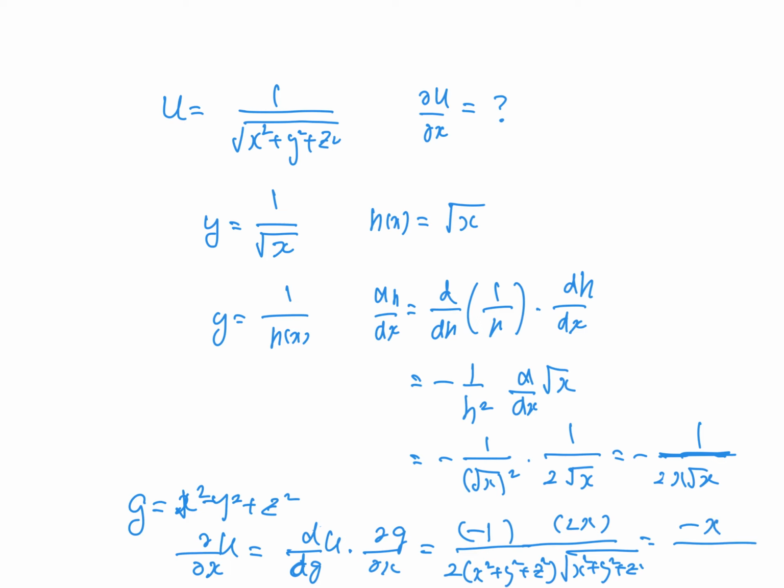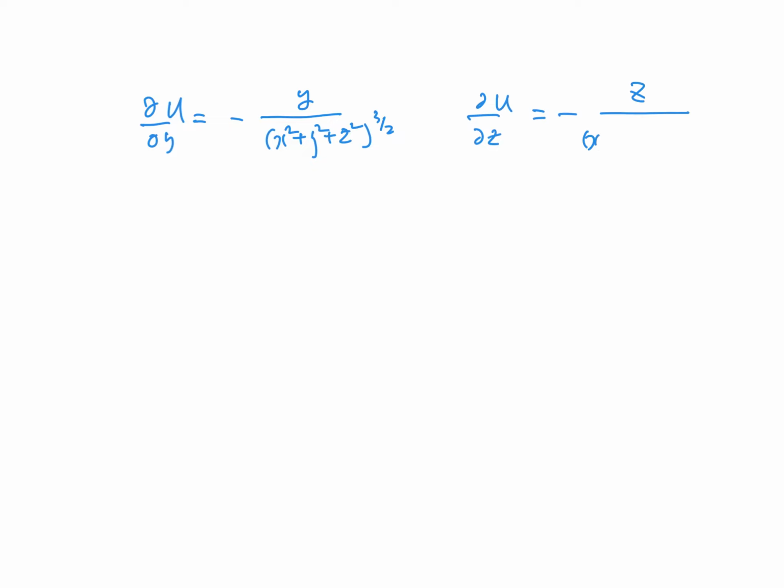So that is minus x over (x squared plus y squared plus z squared) to the 3 over 2. This actually arises from the potential. Likewise, partial u over partial y is minus y over (x squared plus y squared plus z squared) to the 3 over 2, and partial u over partial z is minus z over the same, right.